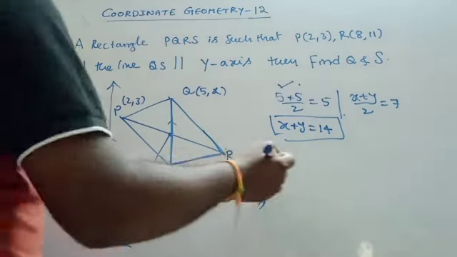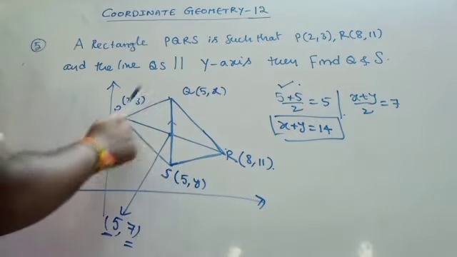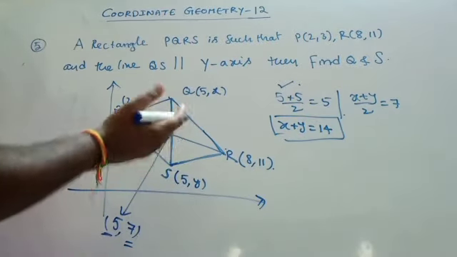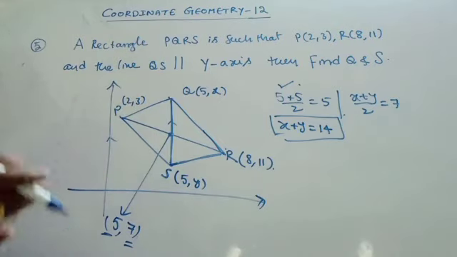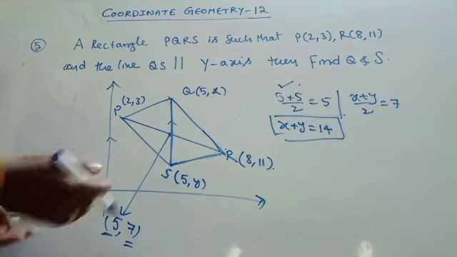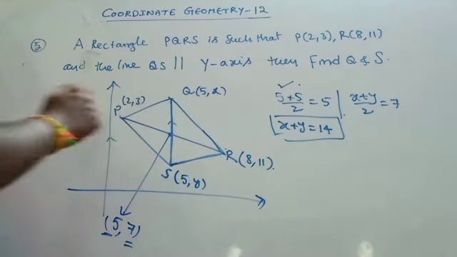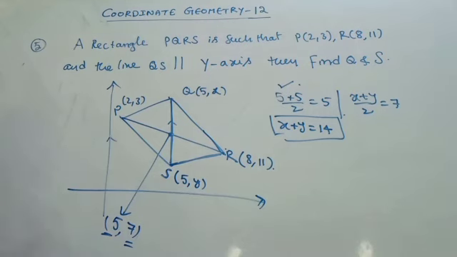Or you can say that opposite sides are also equal. Anything you can use to find another equation, and substitute this in that equation, then you will get the x value and y value, and then you will get both coordinates of Q and S.